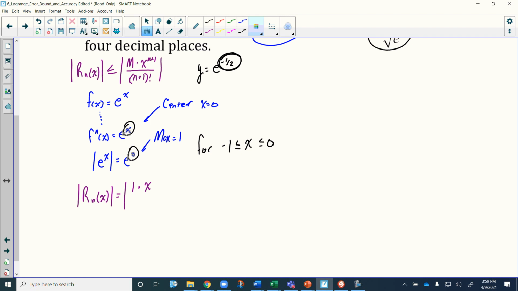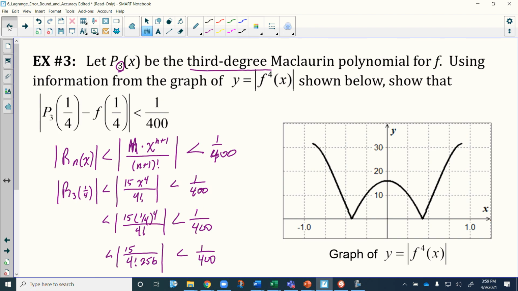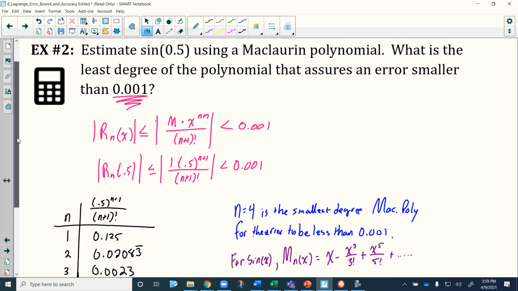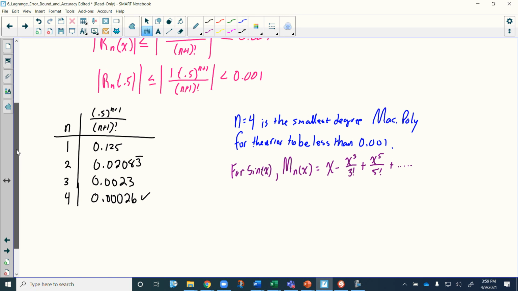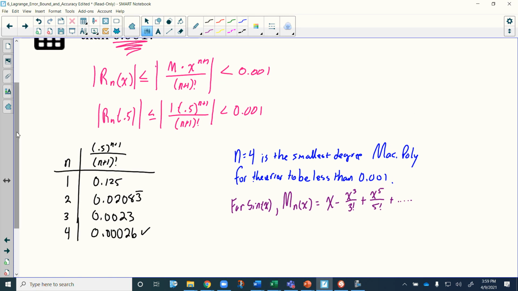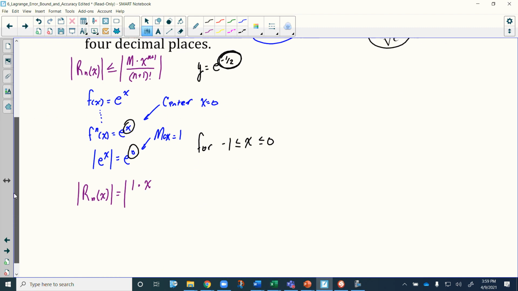They're not telling us anything about a degree. We have to figure that out, like what we did with the sine problem. They didn't tell us what the degree was, but we know an approach to identify what the degree is going to be. So we're just using that strategy here now.